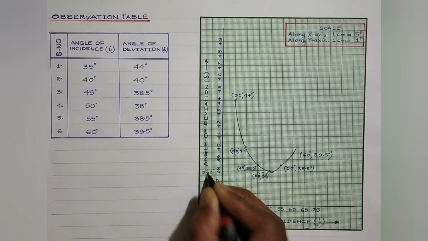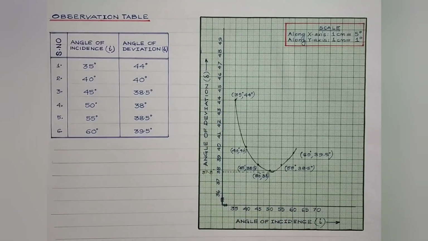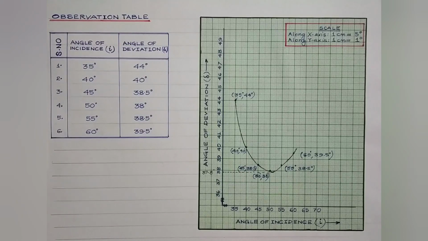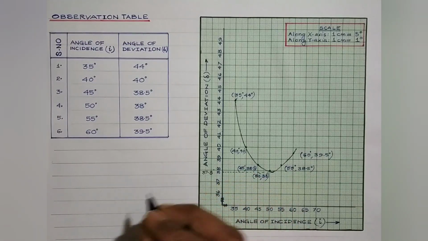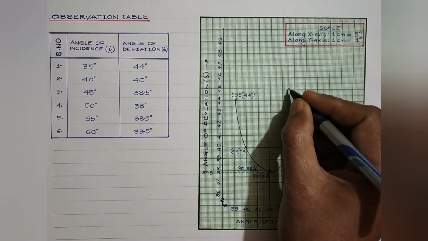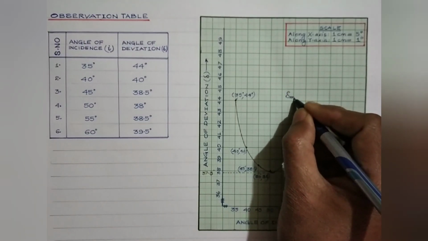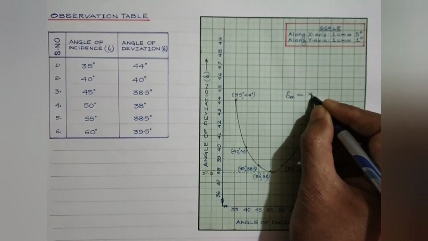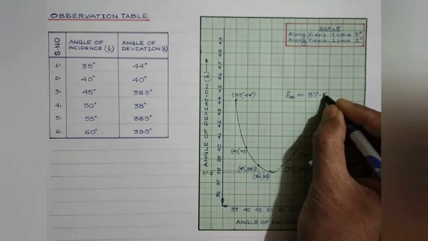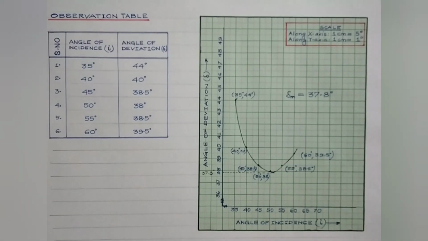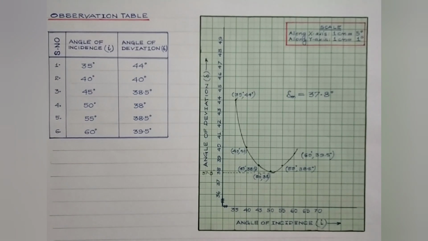So with the help of this graph, we can easily determine the value of angle of minimum deviation. So what we obtained is del m. It is equal to 37.8 degree, right? This is the value of minimum deviation angle.